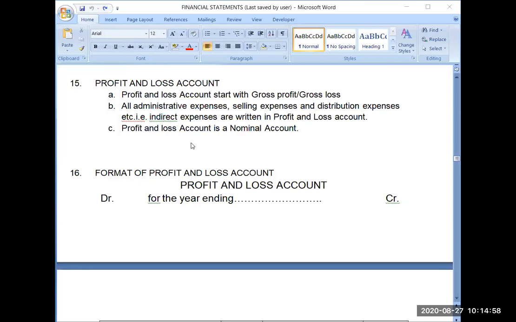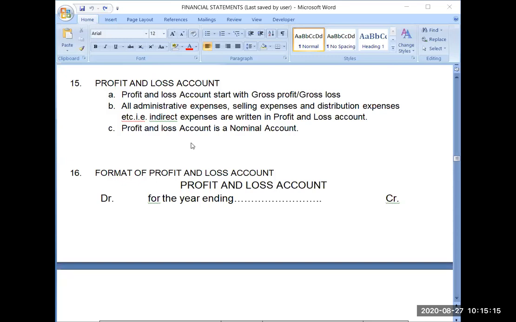Now, what are the types of indirect expenses? First type is office and administrative expenses. Then the second one is selling and distribution expenses.